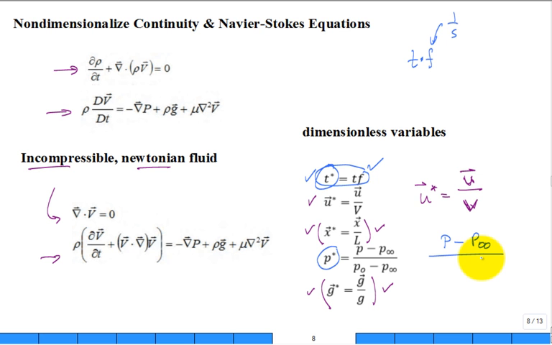We have to normalize that by the maximum pressure that we might expect, some stagnation pressure minus the atmospheric pressure or free stream pressure. That will be a dimensionless pressure ratio, or dimensionless pressure difference ratio.